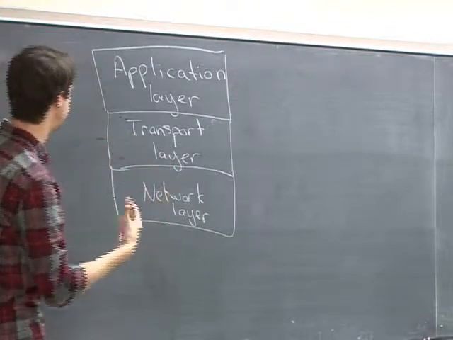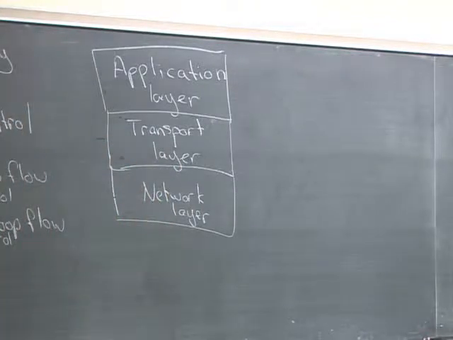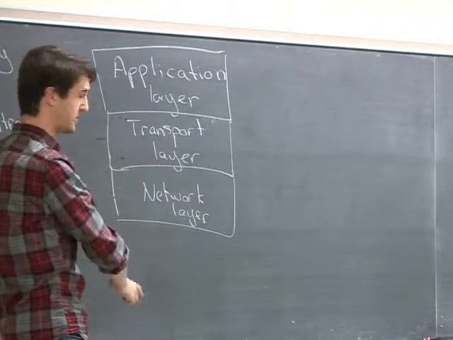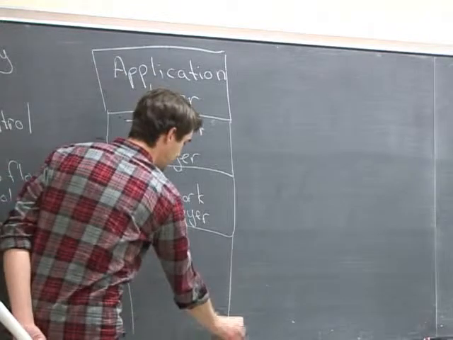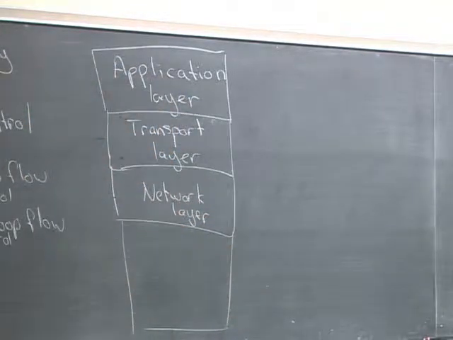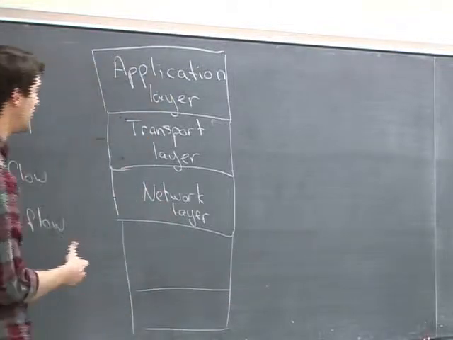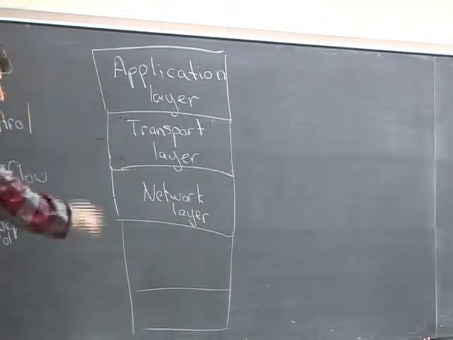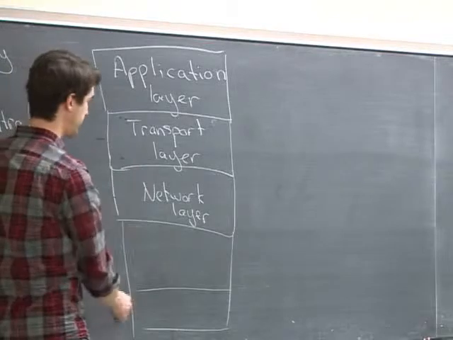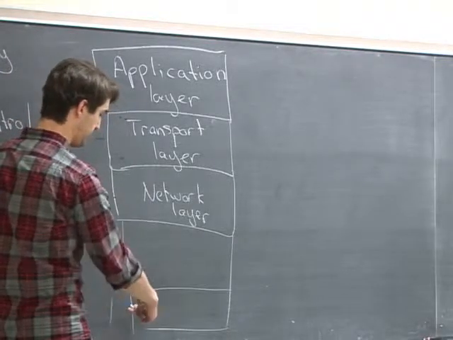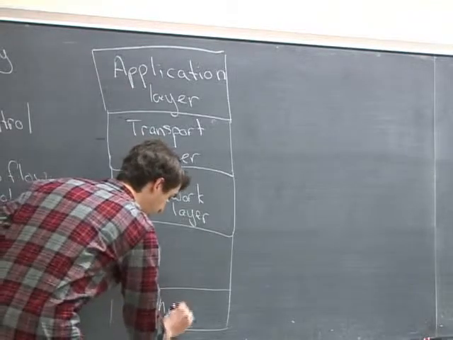Today we're going to talk about general concepts, reliability and flow control, and these concepts could be implemented at any layer in the stack, okay? Below this, we have more layers, the link layer and the physical layer, and we could provide reliability at any layer in this stack. Suppose we provided a 100% reliable network down at the physical layer.